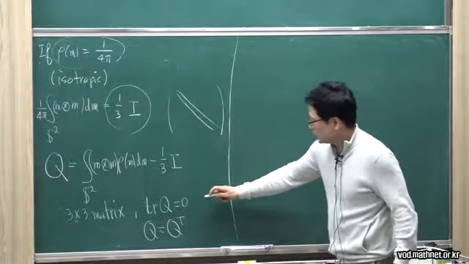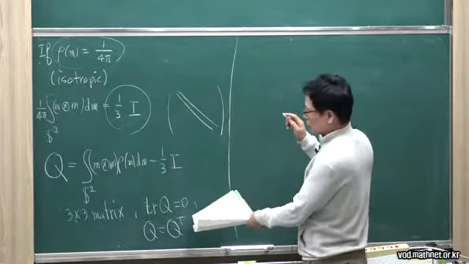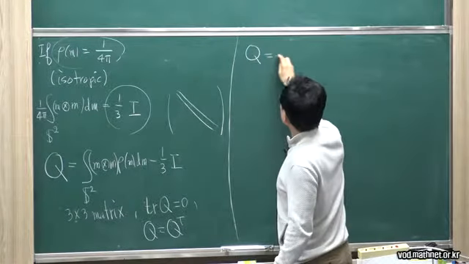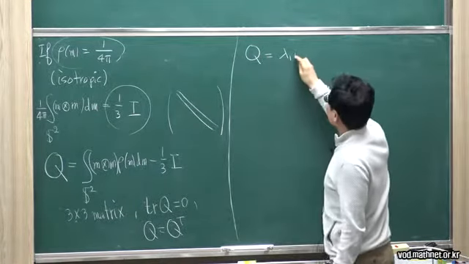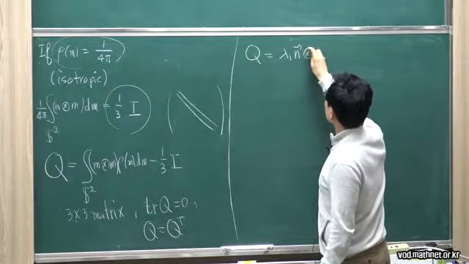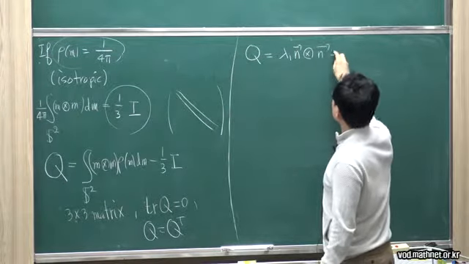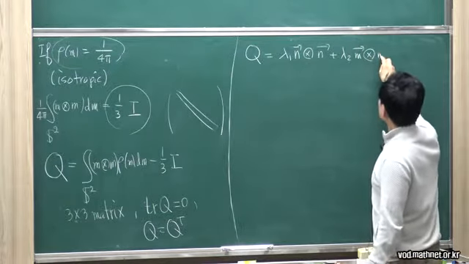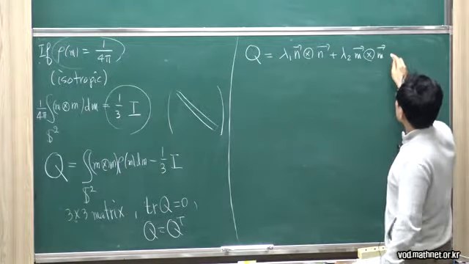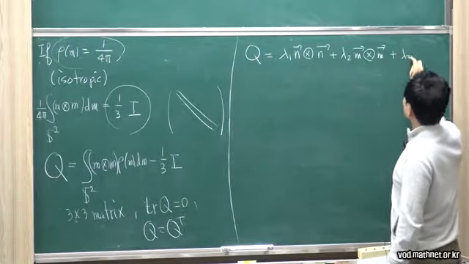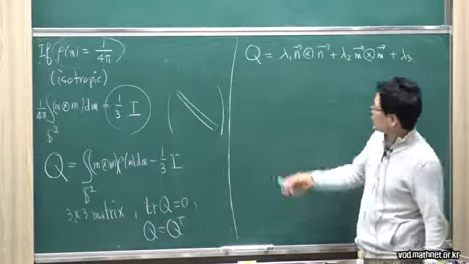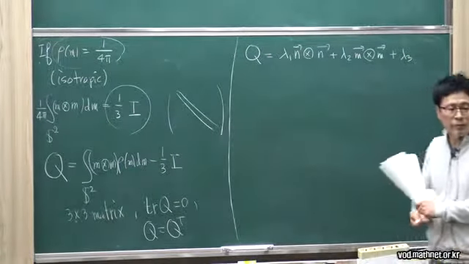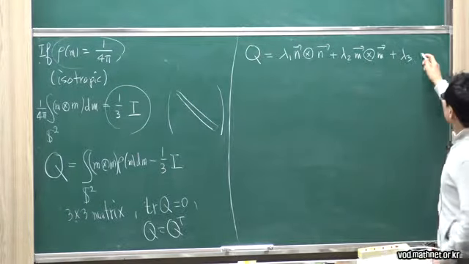When you have this, you can write down Q in terms of lambda 1 and so on. These three eigenvectors are perpendicular to each other.